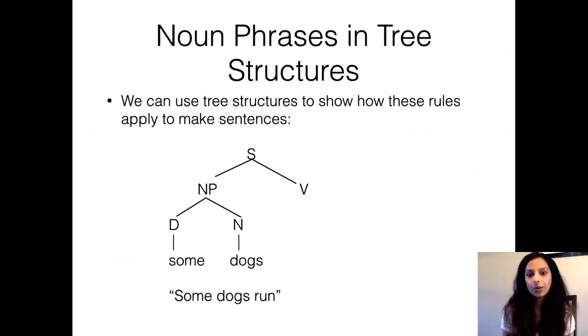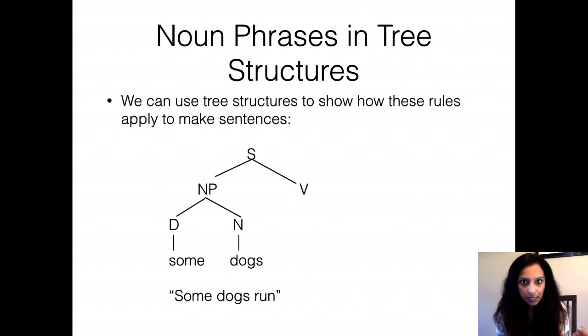So ideally, where you have to start for these kinds of cases is a labeled bracketing. A labeled bracketing is where you take the sentence, some dogs run, and you identify individually each of the words with their lexical categories.